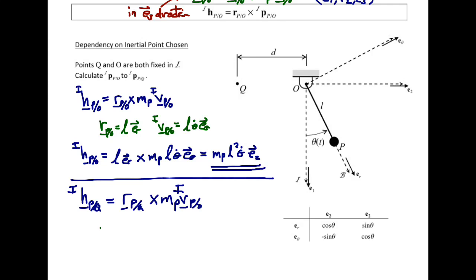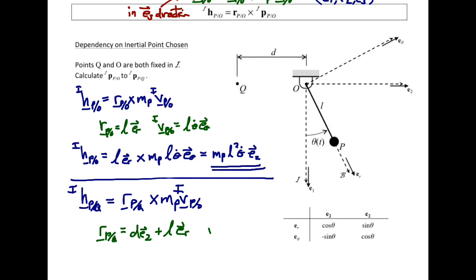And so in this case, r of P with respect to Q is going to be this distance d in the E2 direction plus L in the ER direction.